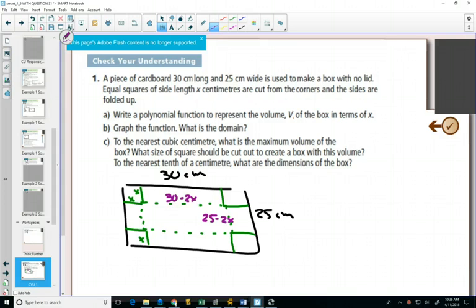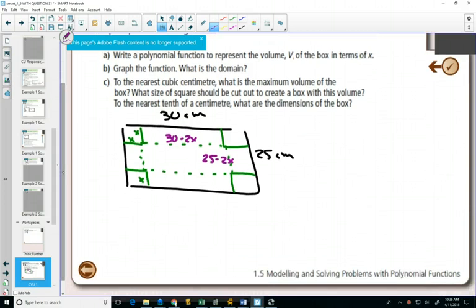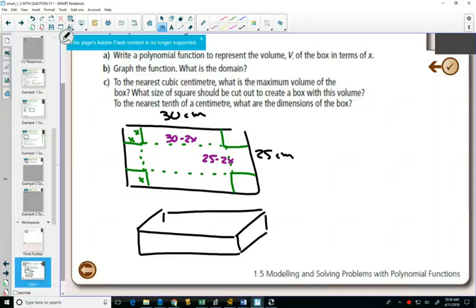If we take that and say, okay, this is my piece of cardboard flat, showing what I'm going to cut out, after I've cut it out, what is it going to look like once everything is folded up? There's our open box, and we can label things again.